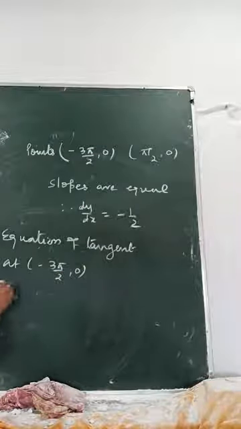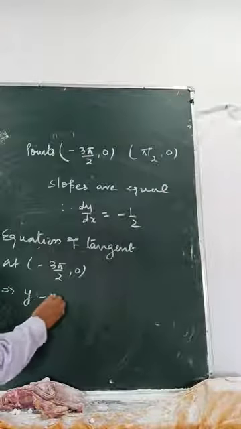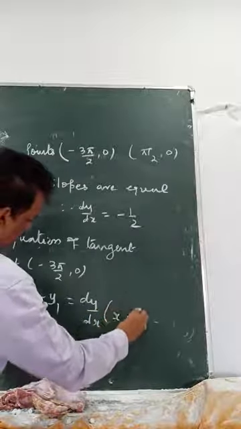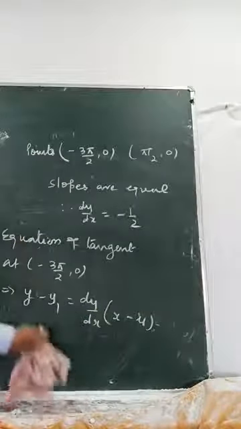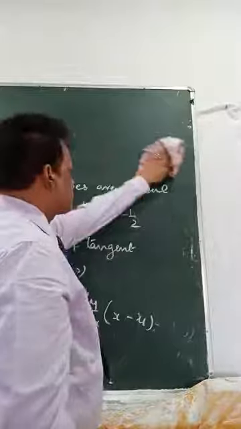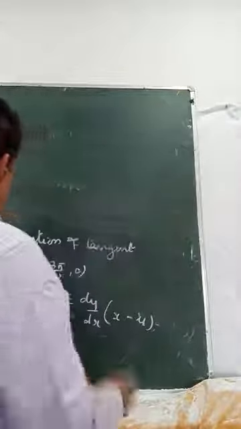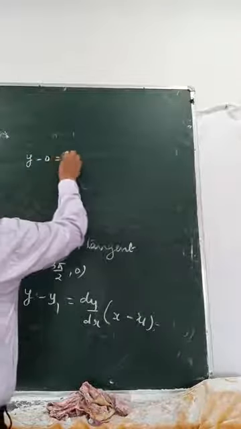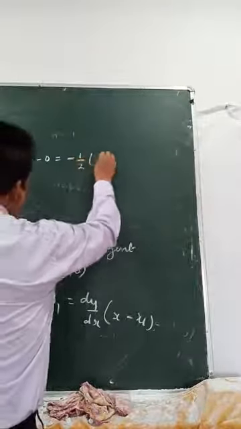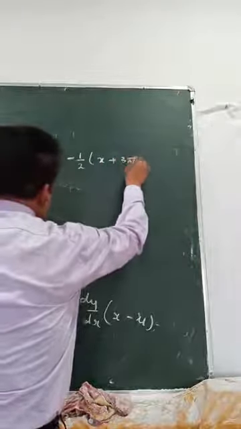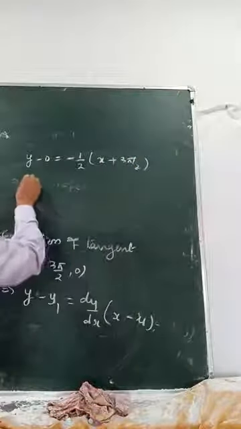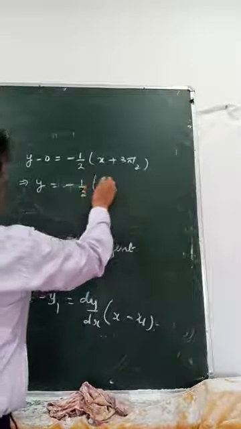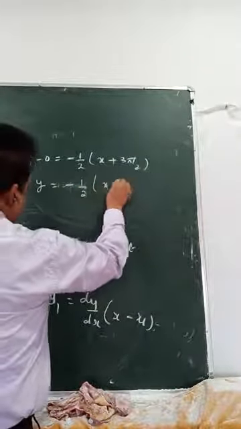You'll get y minus y1 equals dy by dx times x minus x1. That gives you y minus 0 equals minus 1 by 2 times x plus 3 pi by 2, which implies y equals minus half of x plus 3 pi by 2.